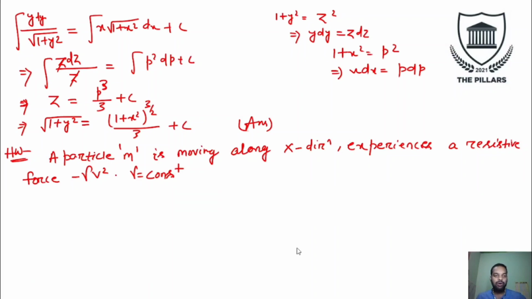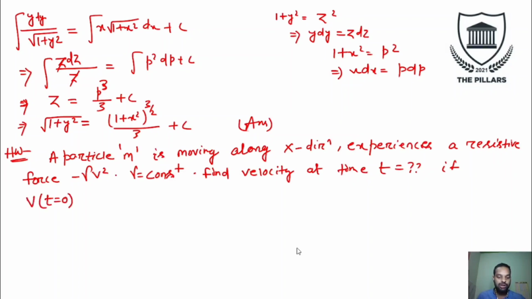Now you have to find the velocity at time t if there is a condition that velocity at time t equal to 0 is v naught. To help you I am giving you some options here. One is v naught e raised to minus gamma v naught t by m.